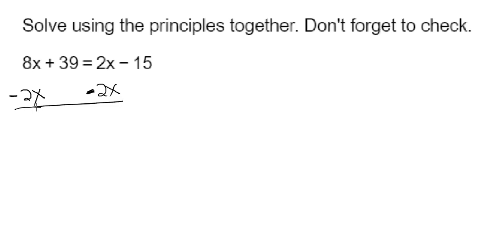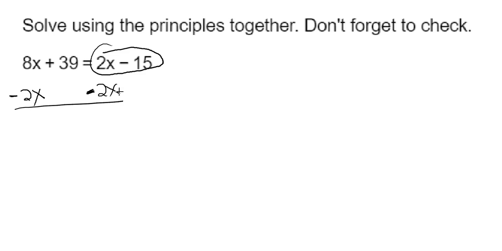Now, I do want to point out, when you're performing this operation, you are doing it to the entire left-hand side and the entire right-hand side. I'm not just subtracting 2x from this term, I'm subtracting it from the entire right-hand side. But because you're adding or subtracting, you have to combine like terms when you do that.